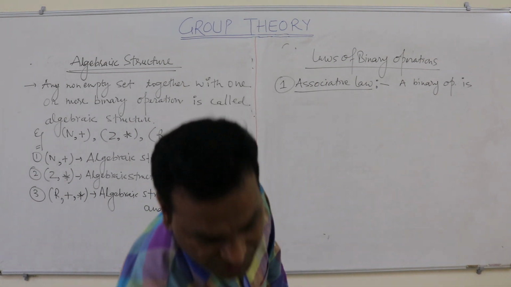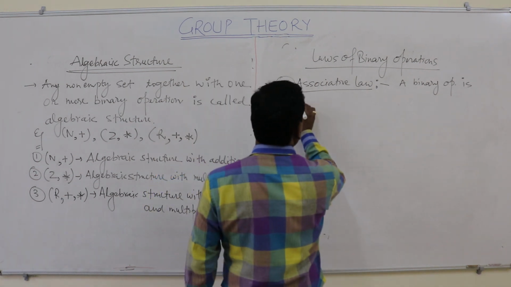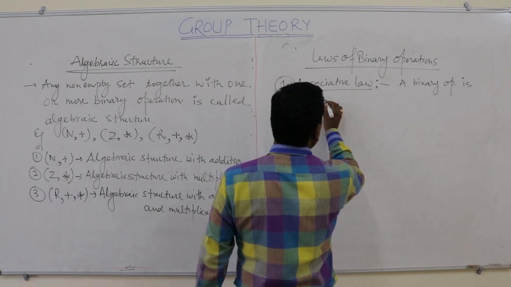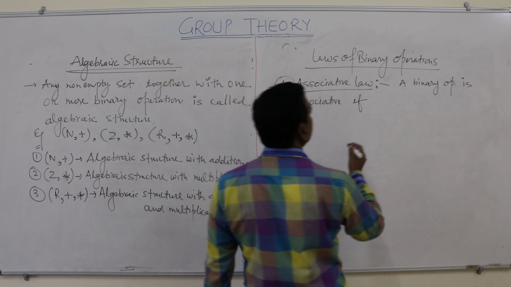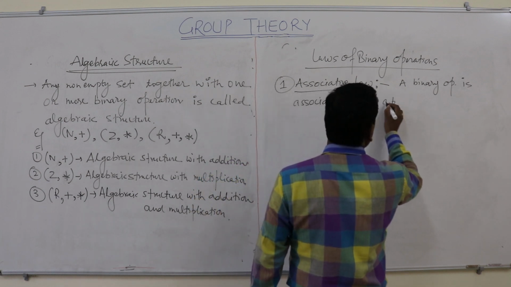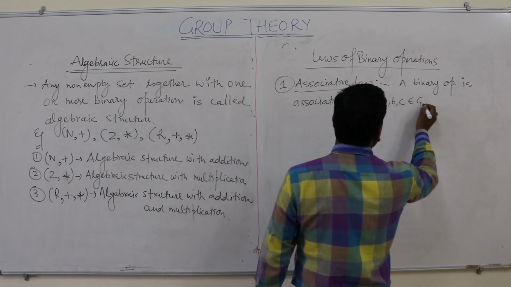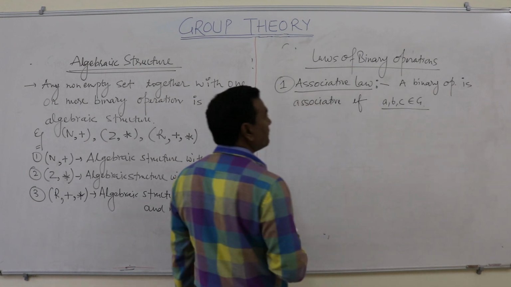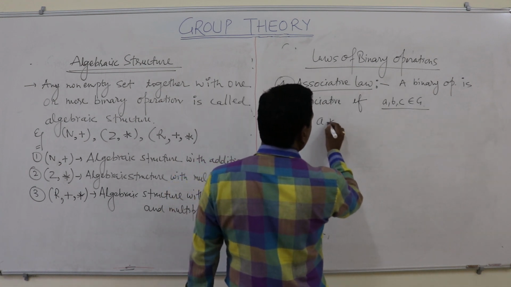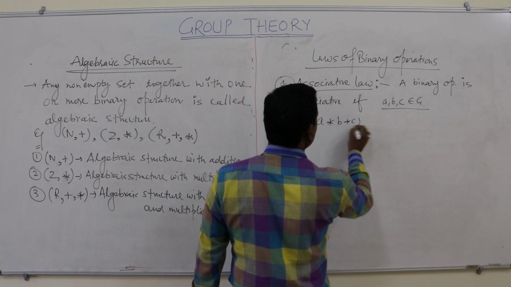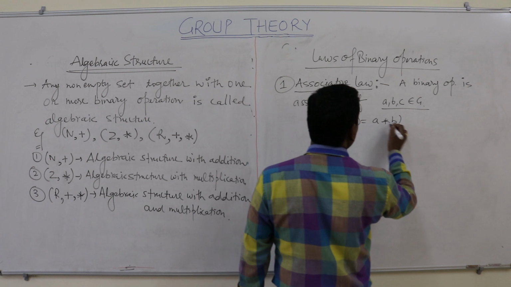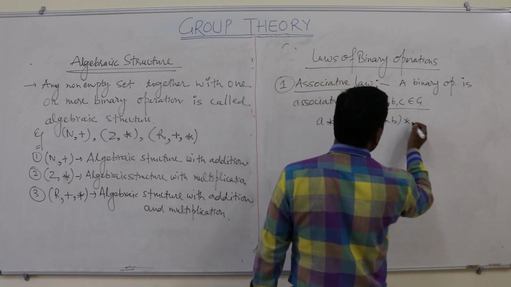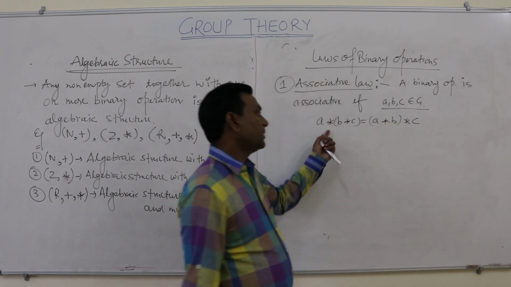A binary operation is associative if a, b, c belong to any set, and we have (a into b) into c equivalent to a into (b into c). We have taken here the binary multiplication.